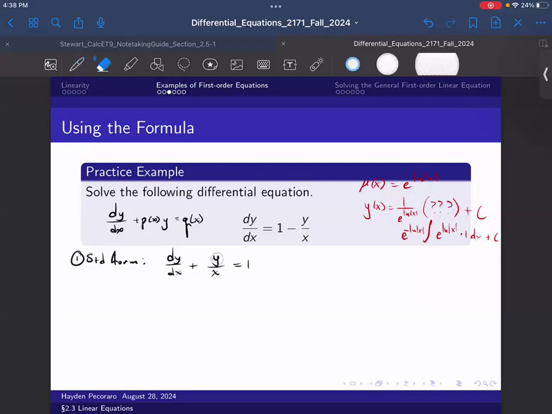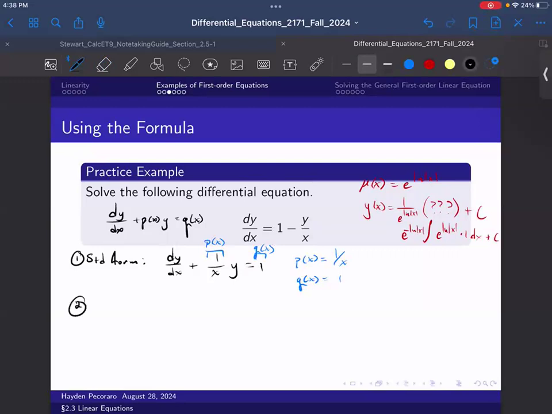And then, well, we actually have to write 1 over x separately so that we can recognize this is p of x, and then this is q of x. So p equals 1 over x, q equals 1. All right, step 2.